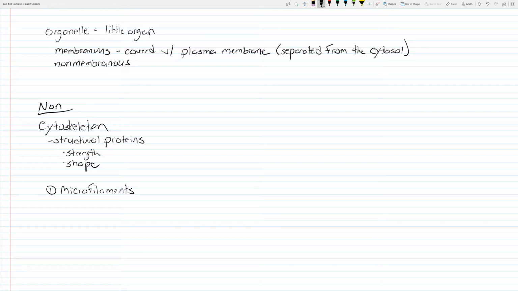The microfilament's main job is to anchor the cytoskeleton to integral proteins of the plasma membrane.